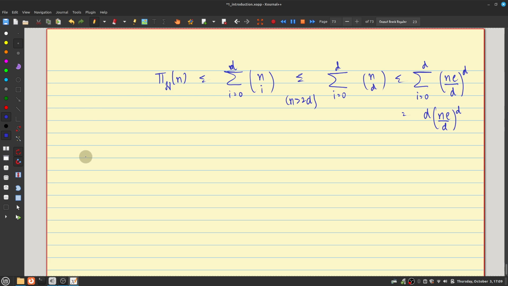But you can prove something even stronger, and I leave this as an exercise. For all n which is larger than d, the summation i equal to 0 to d of n choose i is upper bounded by just n e by d whole raised to the d.